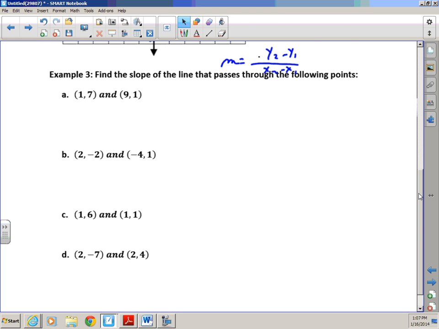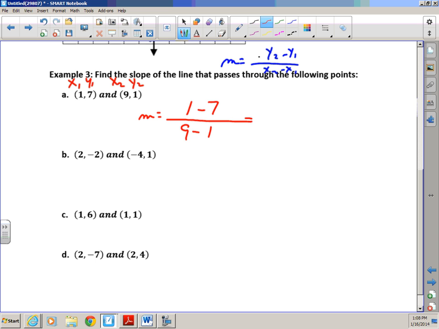And the reason I show you that is because then what you can simply do is say this is x1, this is y1, this is x2, that is y2, and plug them into the little formula. Okay? This is called subscript notation because the 2's and the 1's are not exponents. All they're doing is saying I got two different x's and two different y's. So y2 minus y1 over x2 minus x1. I get negative 6 over 8, which is negative 3/4.